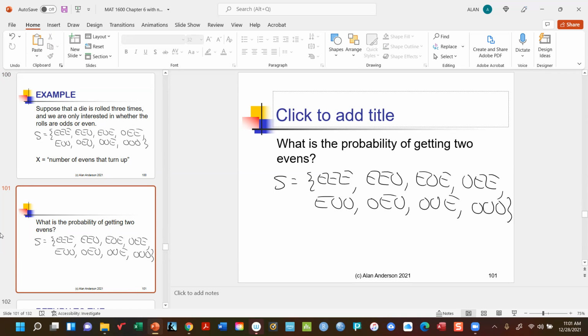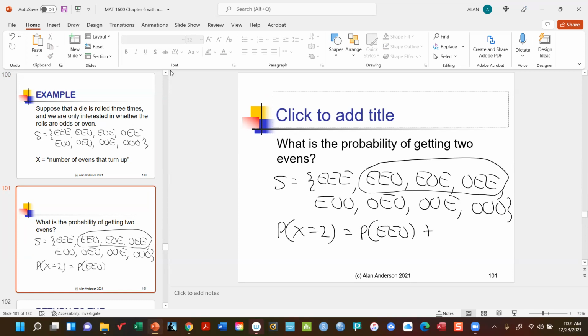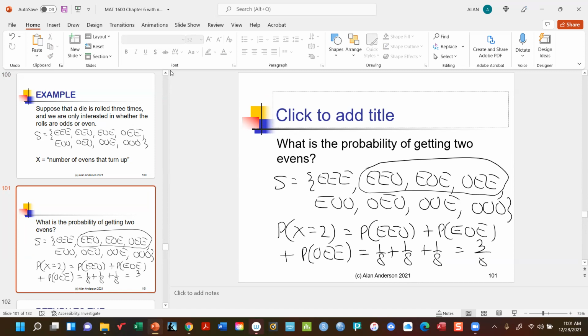You'll remember there are 8 equally likely outcomes, and 2 evens occur in these 3 cases. So we can conclude that the probability of X being equal to 2, since there are 8 equally likely outcomes, each with a probability of 1/8, would be 3/8.